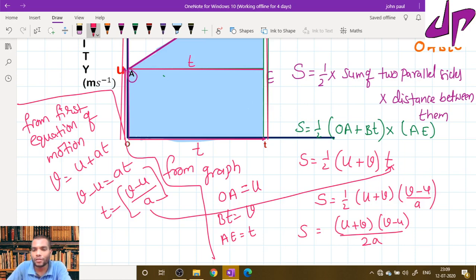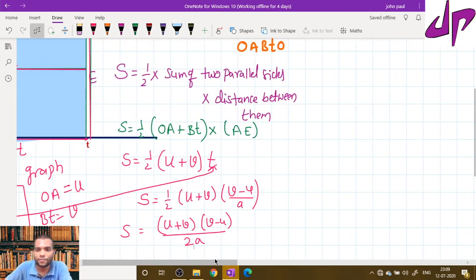In the numerator, we apply the formula A plus B times A minus B, which equals A square minus B square.